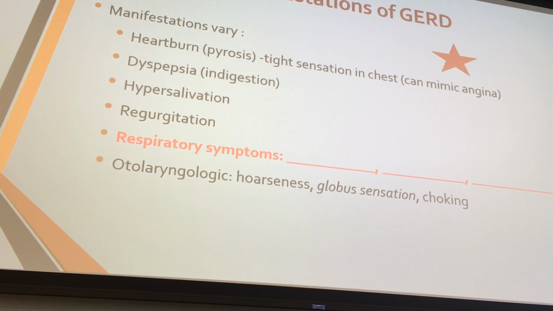Anyway, so clinical manifestations of GERD: we have heartburn, indigestion, excessive saliva, regurgitation, okay? Respiratory symptoms, that's really, really important. So let's talk about the respiratory symptoms. What do you think you might have? Cough? Wheezing.